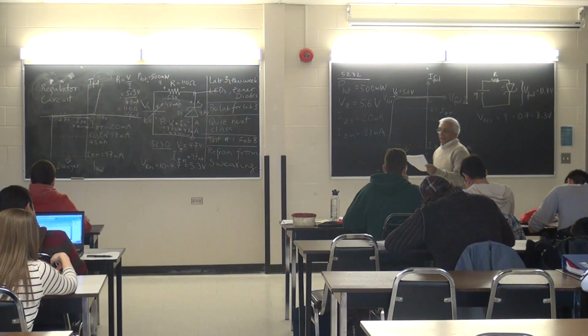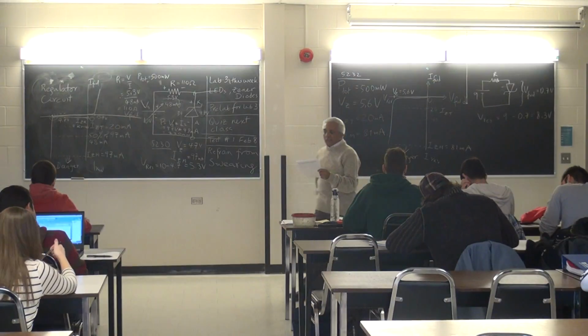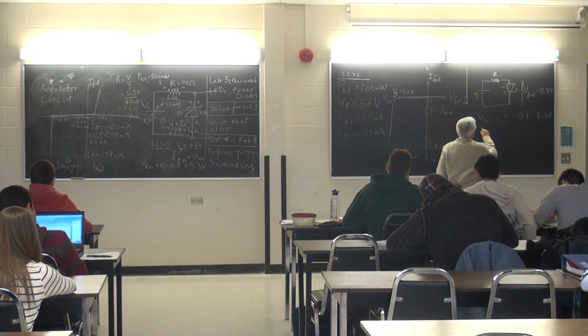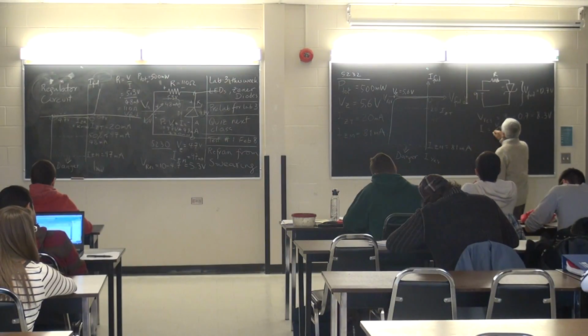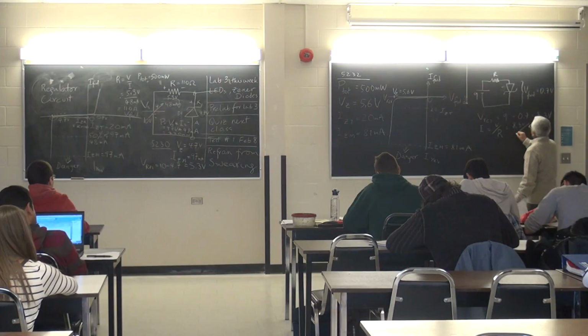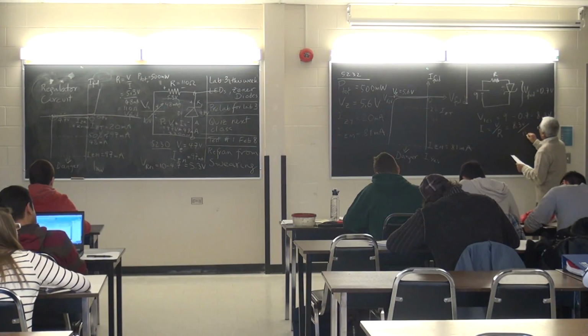Okay? We know the value of the resistor, 150 ohms. So what is the current? Is it V over R? 8.3 over 150.